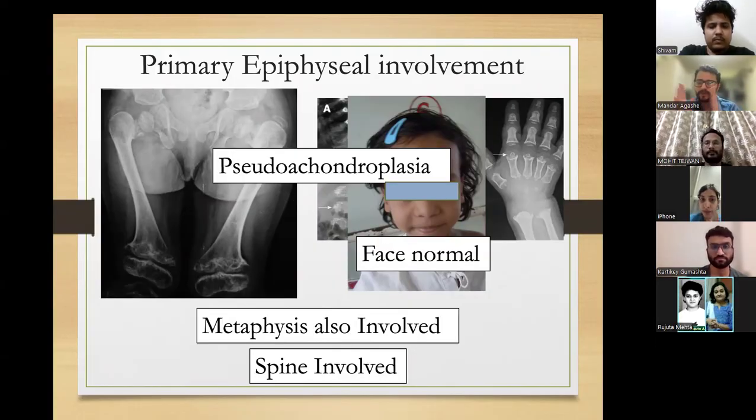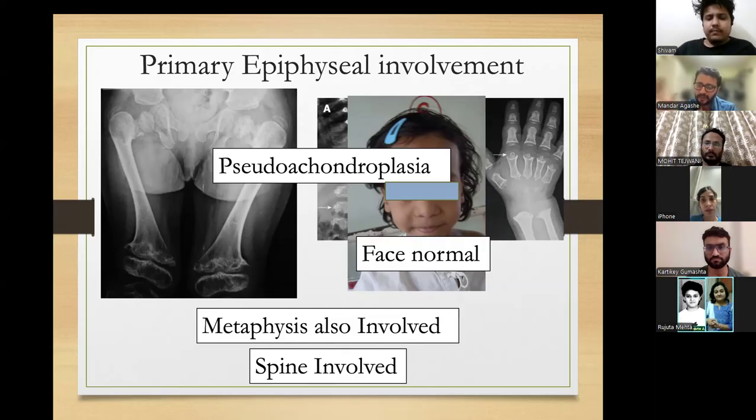So remember about three things. One is achondroplasia, typical achondroplasia. Second is pseudoachondroplasia, where the deformities are more severe than achondroplasia, but the facies is normal. And third is hypochondroplasia, where the child is almost like a short-statured person, otherwise idiopathic short stature, but who has a few other symptoms and signs of dysplasia.